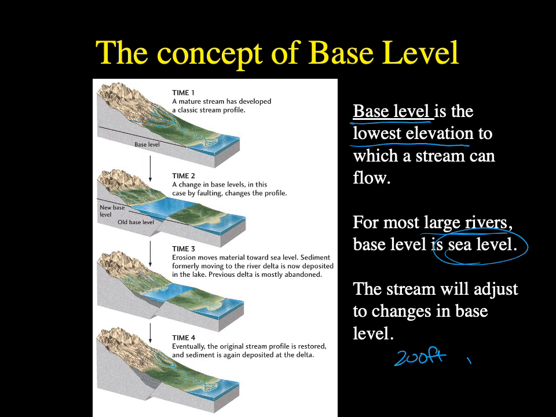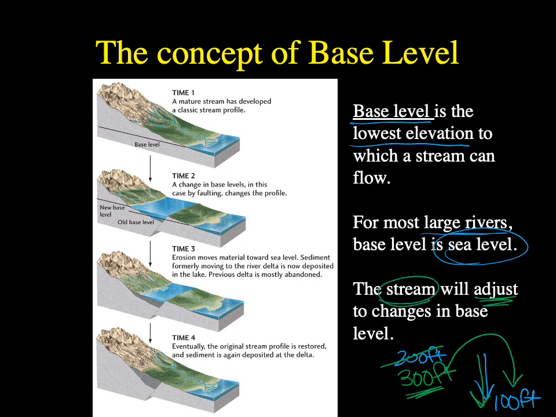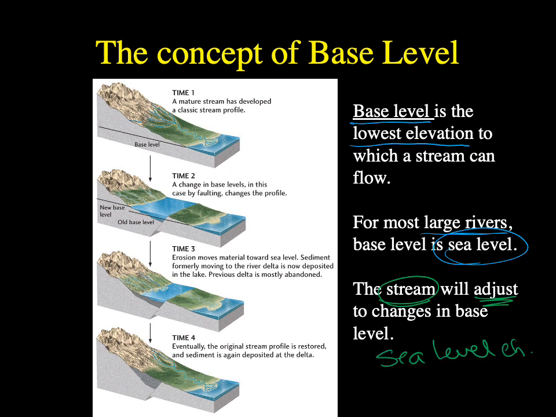Say you have a river that is currently 200 feet above sea level, and then we drop sea level another 100 feet. That means the river is now 300 feet above sea level, and it will start to downcut and make V-shaped channels, because remember, that water wants to reach the elevation of sea level. So the streams will adjust to any change in base level over time. Those changes can be sea level changes, or how about tectonics.